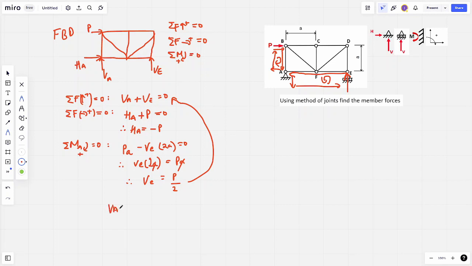We can say VA is equal to negative VE, so taking VE across to the other side. Therefore, VA is equal to negative P over 2. So what I'm going to do is just draw a little quick table so we can write what we have.